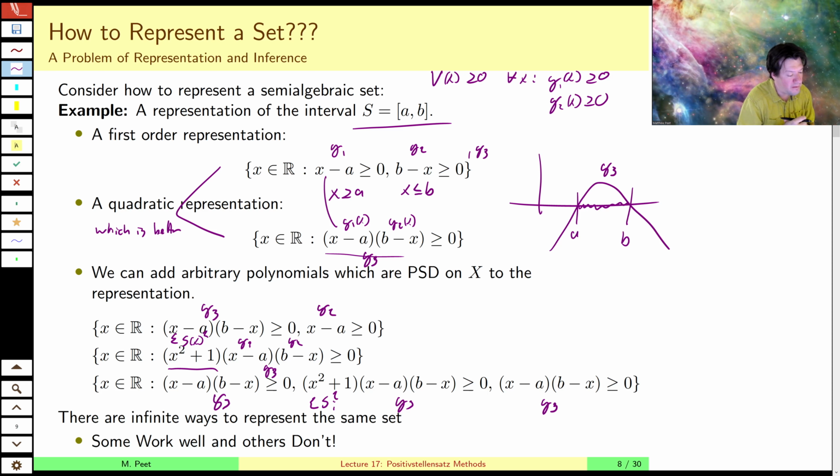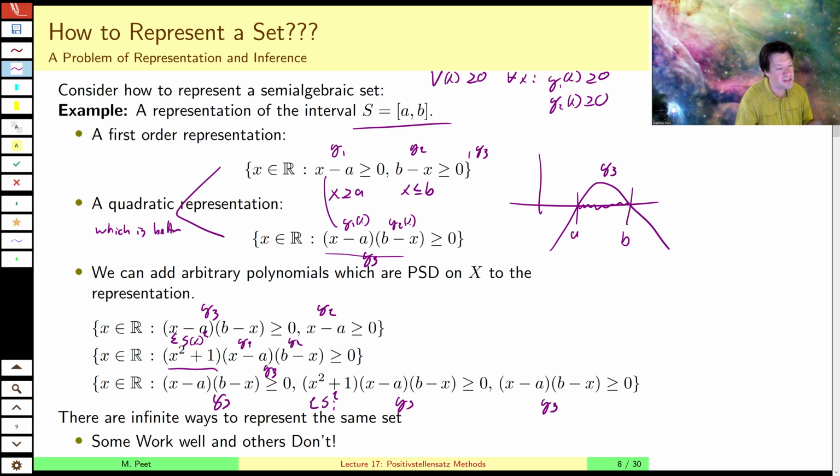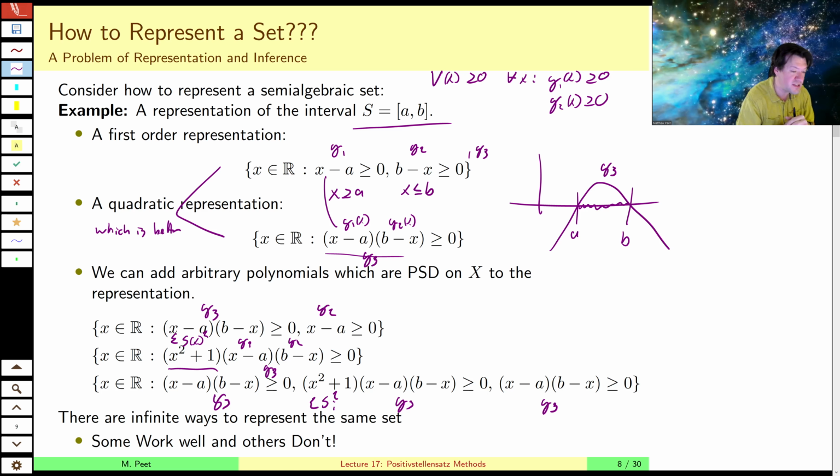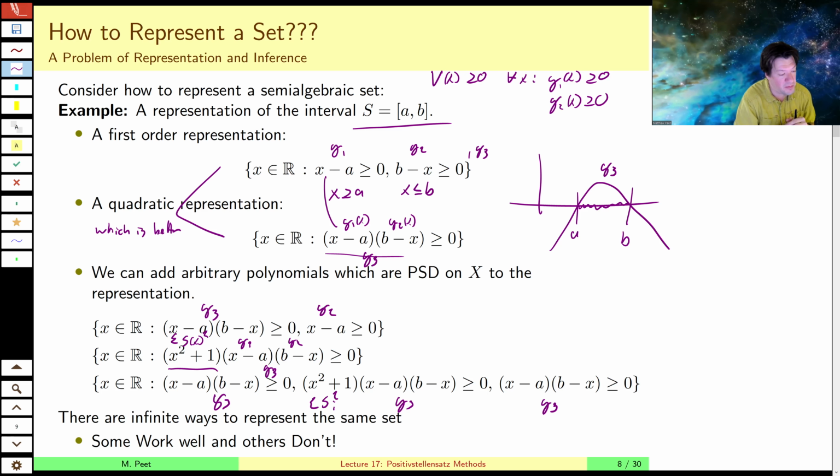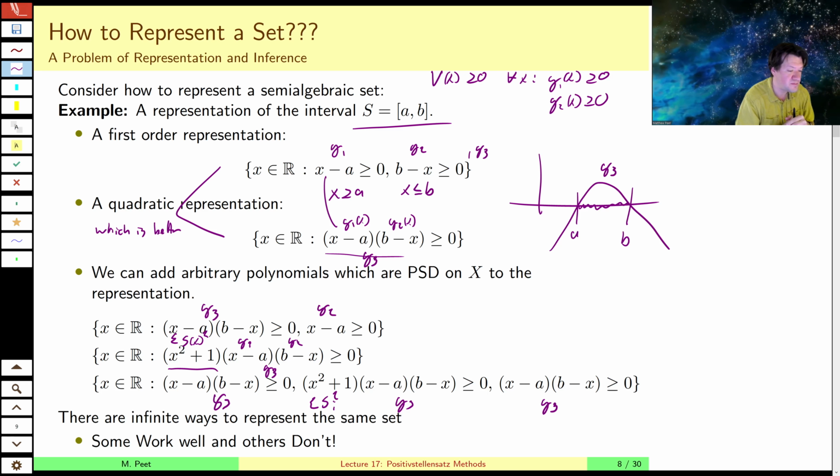And in fact, we could go on further. We could add any function which is positive on that set to the representation of the set, and then it would be an equivalent representation of the set.